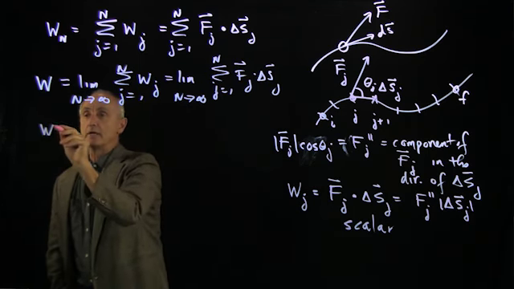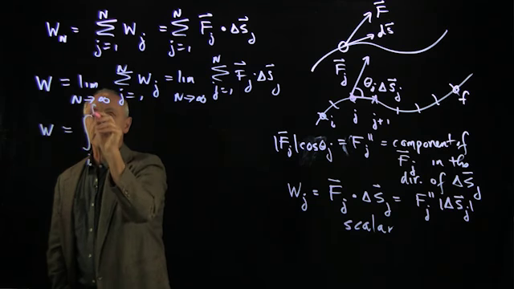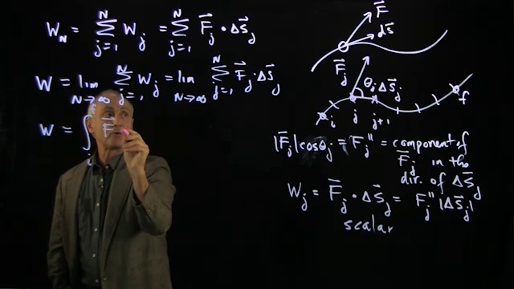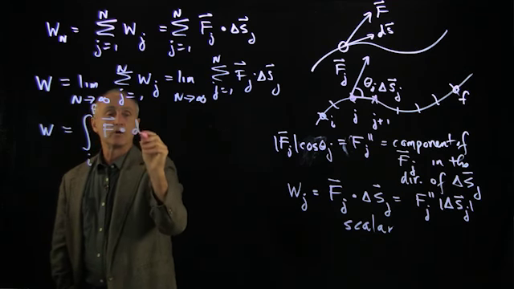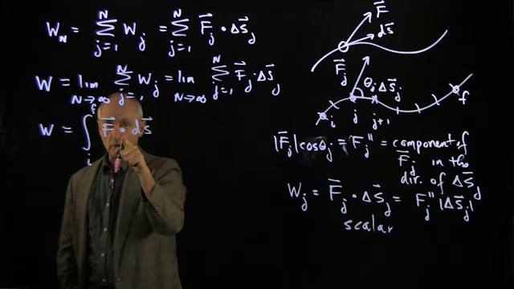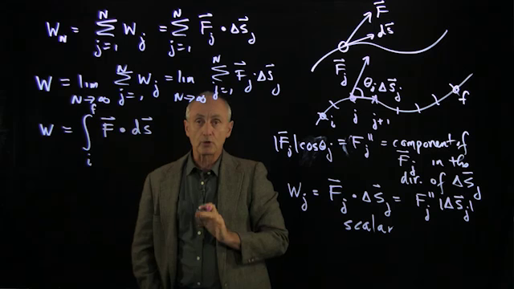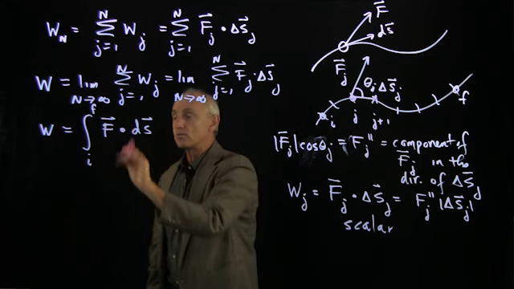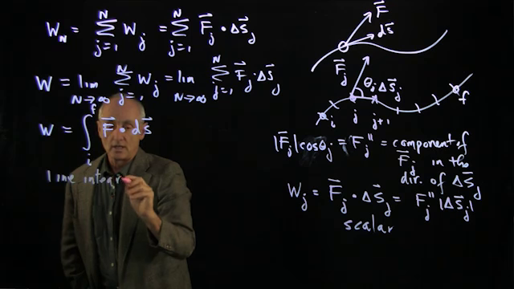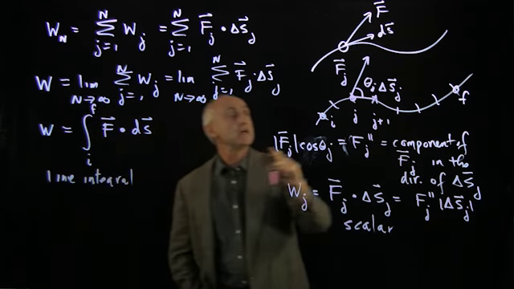And we denote that with a new notation. We'll denote a line from our initial to final. And it's a dot product of the force dotted into the small displacement. Now, whenever we see the dot product in an integral, that distinguishes it from a normal integral, and this is what we call a line integral. Now, again, why did we switch from our delta s's to ds's?